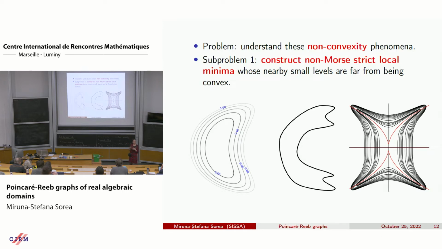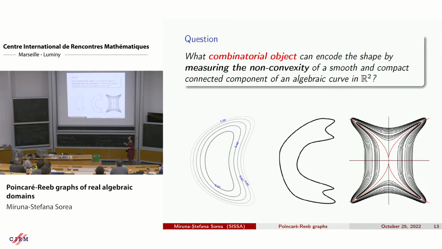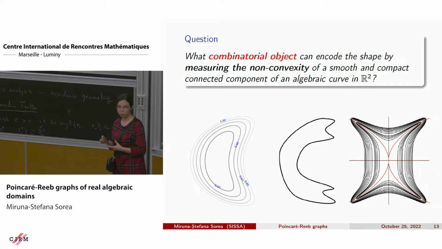So you arrive at this question of how to measure this non-convexity, how to say which is more non-convex. So the question would be now, with what combinatorial object one could encode the shape by measuring the non-convexity of a smooth and compact connected component of an algebraic curve in the real plane.